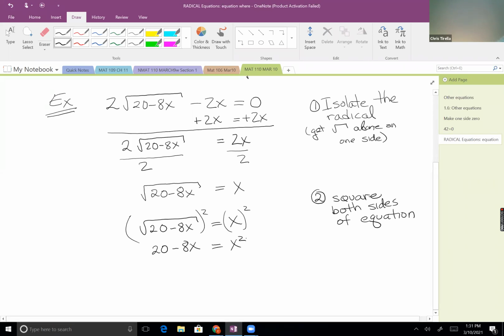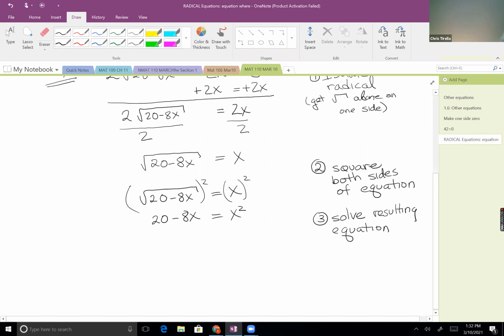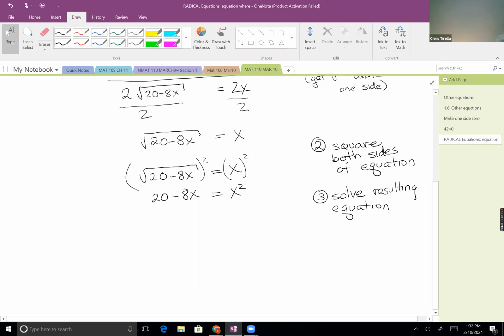Get the radical alone and then square to get rid of the radical. And now that's going to give us an equation to solve. Don't be surprised if that new equation is a quadratic or something like that. So we're going to solve the resulting equation. And again, because I have a variable squared, we could do a couple of things.